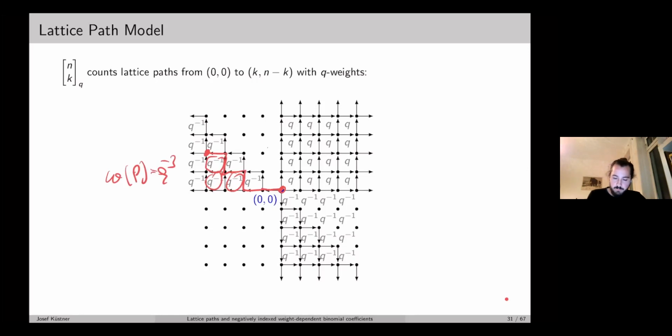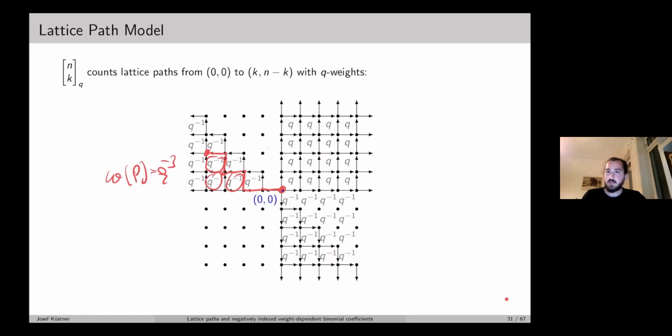I have a quick question. In my southeast quadrant, all of my paths need to have weight because I'm forced to go down, unless I'm on the y-axis, except for the trivial one.